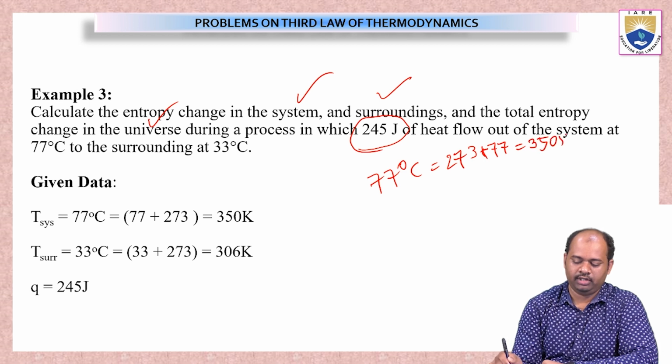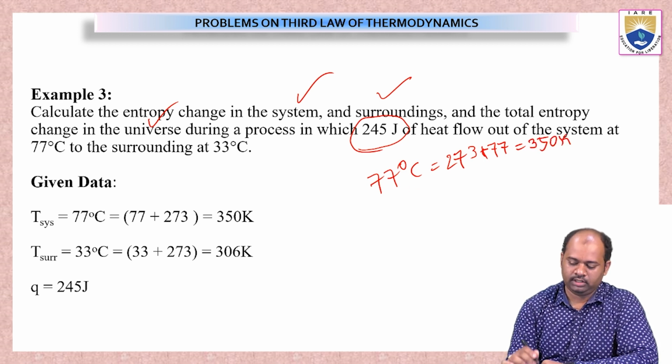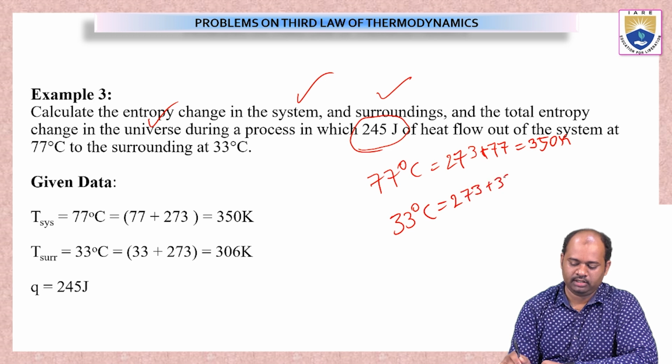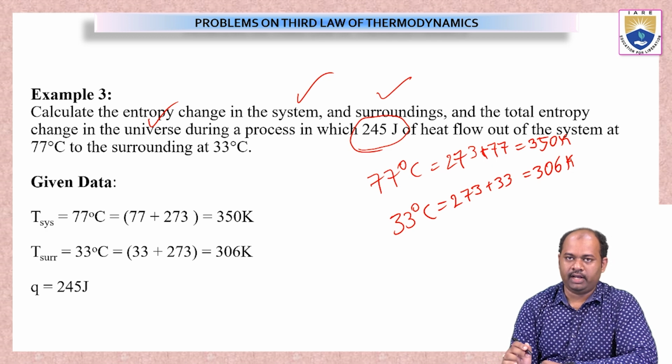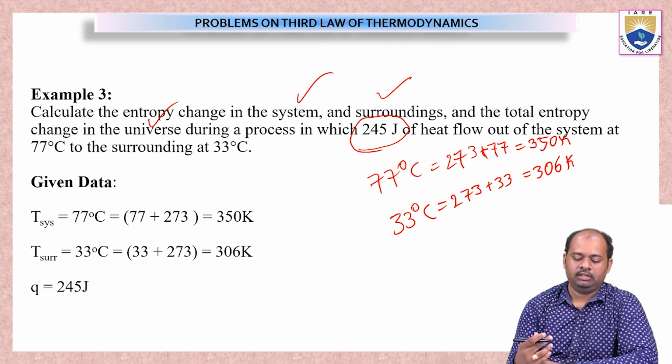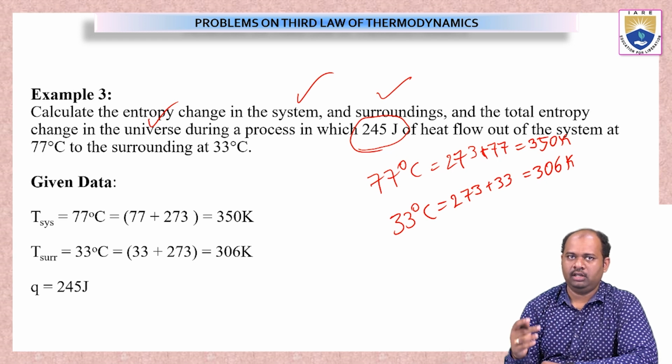This is 350 Kelvin, the temperature of the system, and the temperature of the surroundings is given as 33 degrees centigrade, where 273 plus 33 is equal to 306 Kelvin. Using these values, we have to calculate the entropy change in the system, the surroundings and the universe.